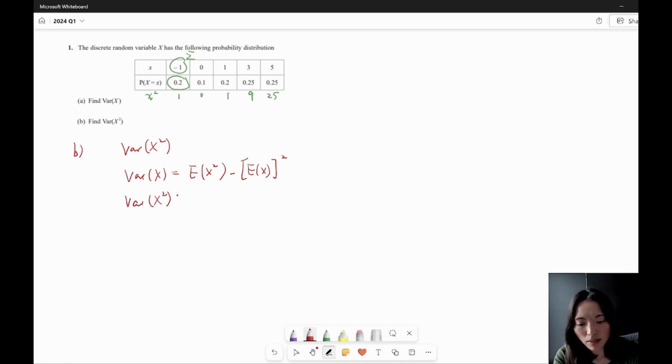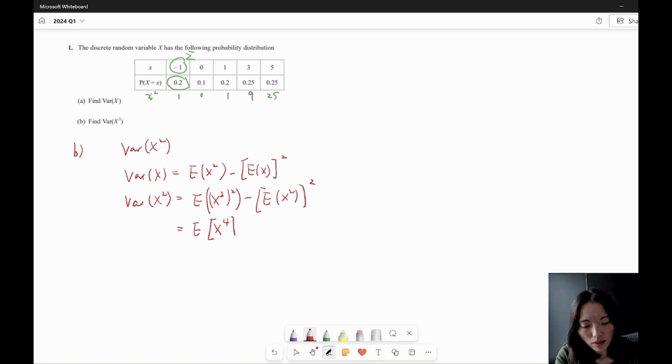So for the variance of x squared, I'm going to replace x by x squared. So that's the expectation of x squared squared minus the expectation of x squared, with this square on the outside. The expectation of x squared squared is simply the expectation of x to the power 4. And we retain this term here.